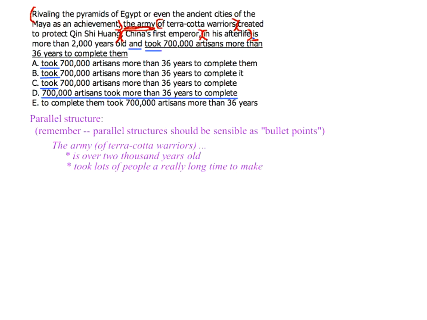And then, to complete them took these artisans more than 36 years. That's also actually a complete sentence. So that's not parallel to anything either. So in terms of parallel structures, you are down to just three choices.